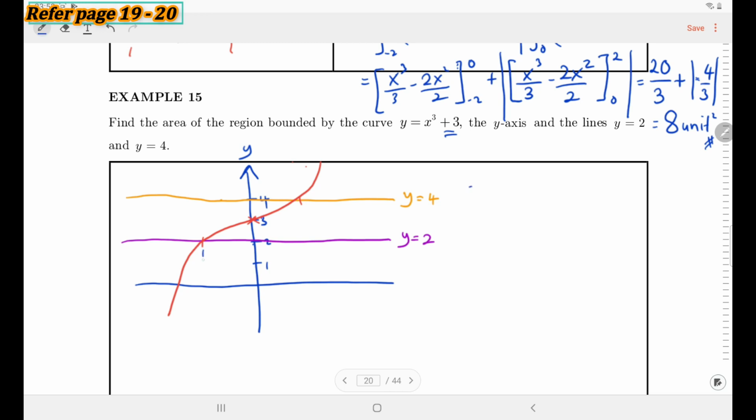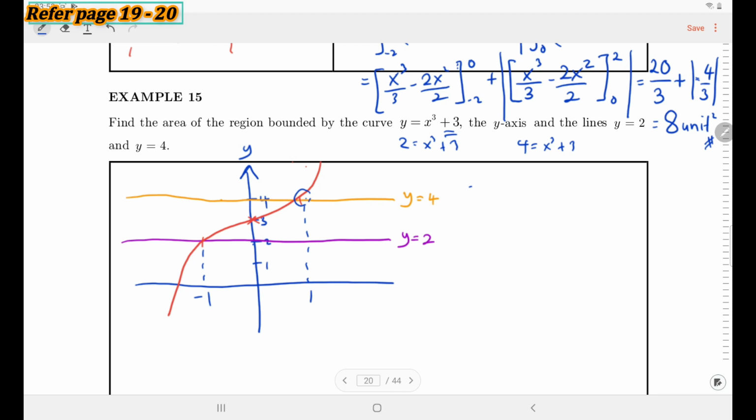To know the intersection between the line and the curve, we substitute y equals 2: 2 equals x cubed plus 3, so x to the power of 3 equals negative 1. So x equals negative 1, here is negative 1. At the point here, the intersection when y equals 4: 4 equals x cubed plus 3, 4 minus 3 is 1, so x equals 1.